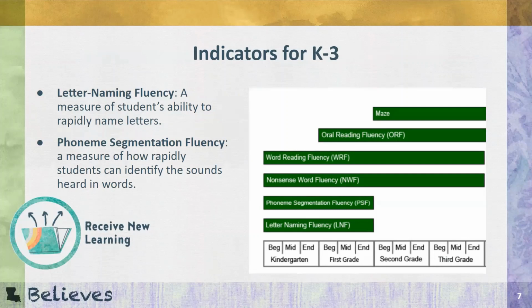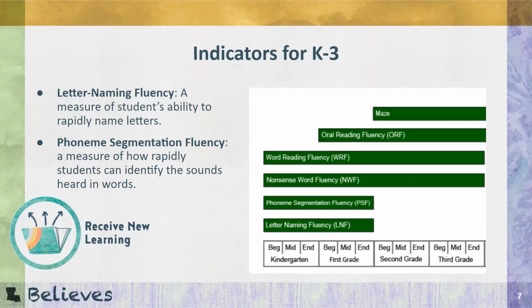Now, this one is unique compared to some of the other indicators in that letter naming fluency is not essential for proficient reading. However, letter naming fluency is highly correlated with proficient reading. That said, if students are not achieving proficiency on this particular indicator, it's something to watch, but probably not the most effective target for intervention.